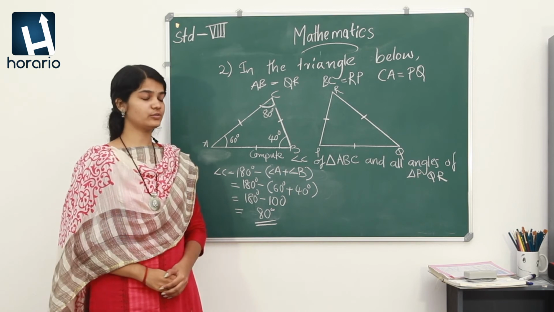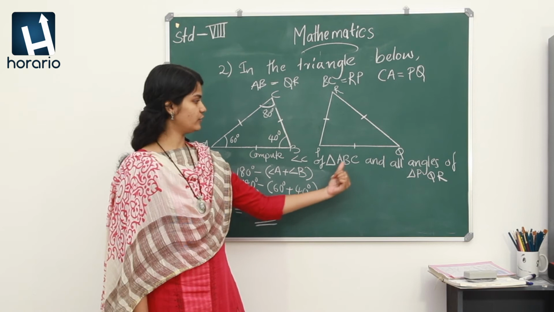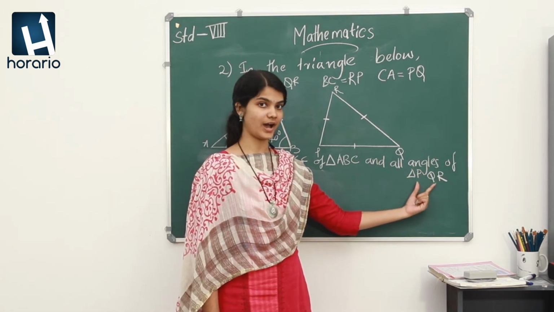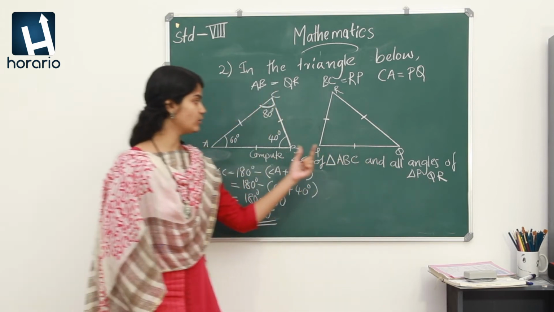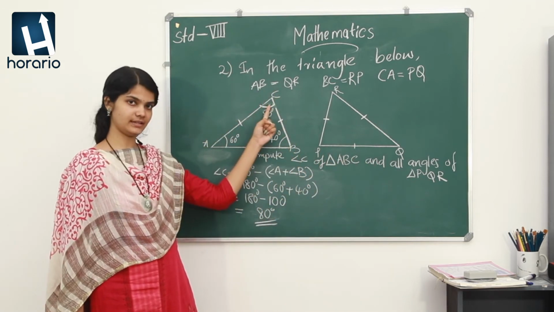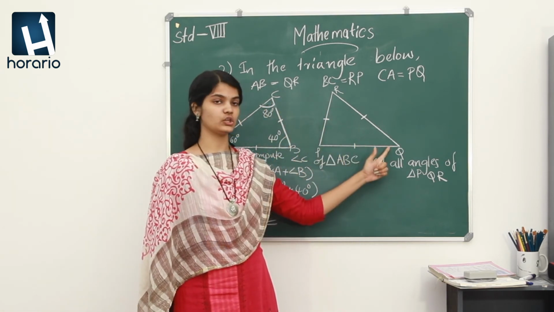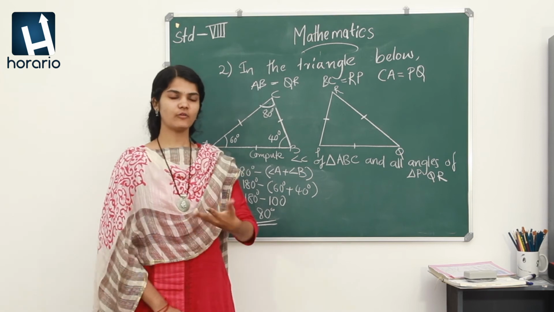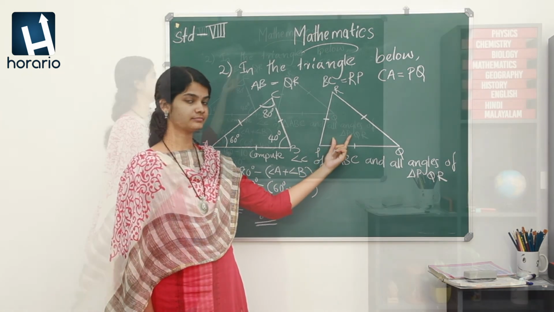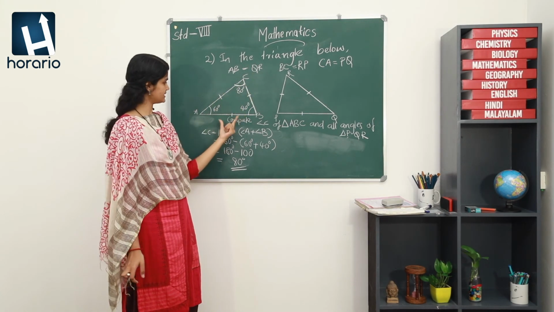Now, let us look at the second part of the question. Now, we have to find all the angles of PQR. So, we have got all the angles of triangle ABC. Now, we have to compute all the angles of PQR. Okay, how can we find out the angles of triangle PQR? So, we know that AB equal to QR.